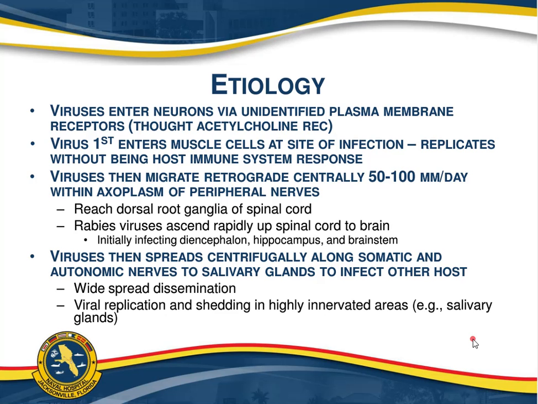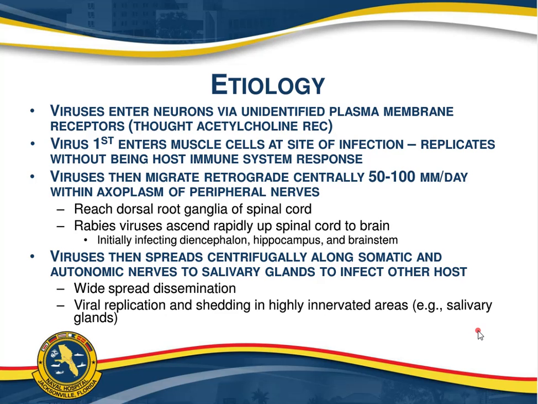So the virus first enters the muscle cells at the site of infection. It replicates without a host immune response, which makes it very dangerous. It travels retrograde centrally up to the brain and spinal cord, about 50 to 100 millimeters per day along these peripheral nerves. It reaches the dorsal root ganglia of the spinal cord, and then starts to cause symptoms.